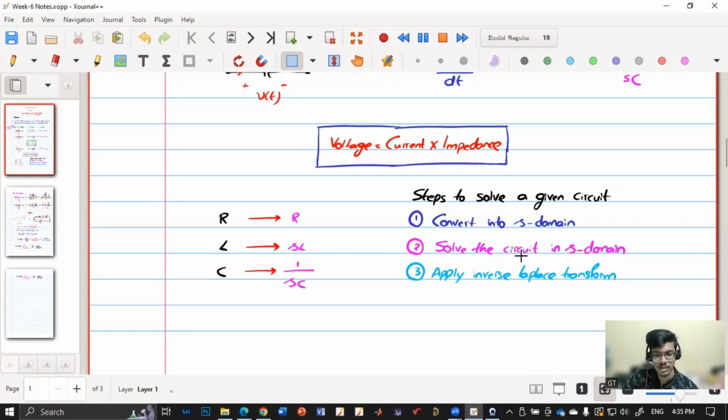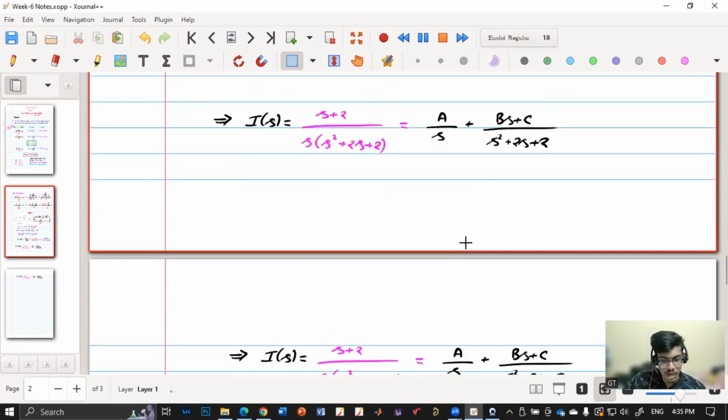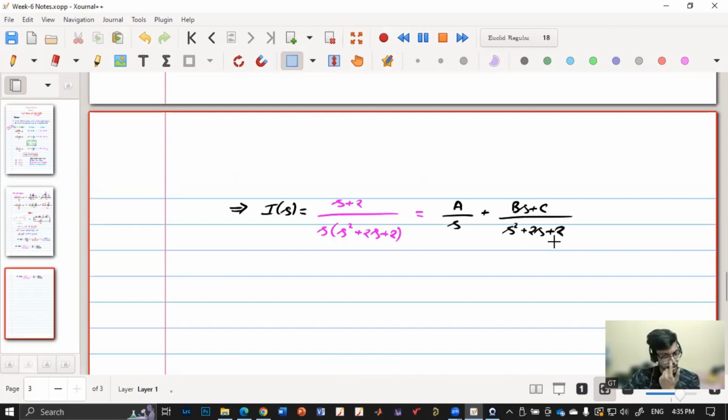We have converted and we got the expression. Now we have to apply inverse Laplace transform, but before applying it, we have to convert this into subterms so that we can apply inverse Laplace transform easily, because there are some results that we need to remember, using which we can directly apply it.